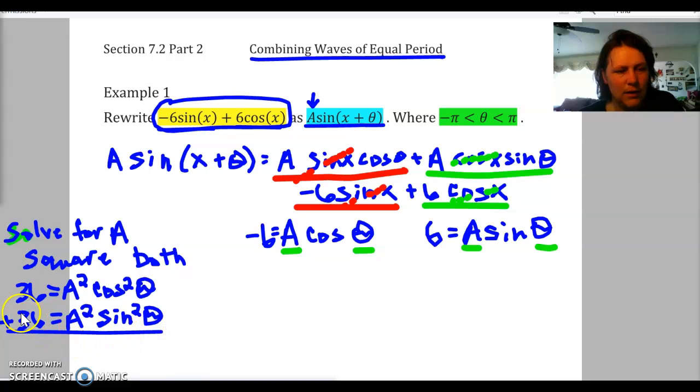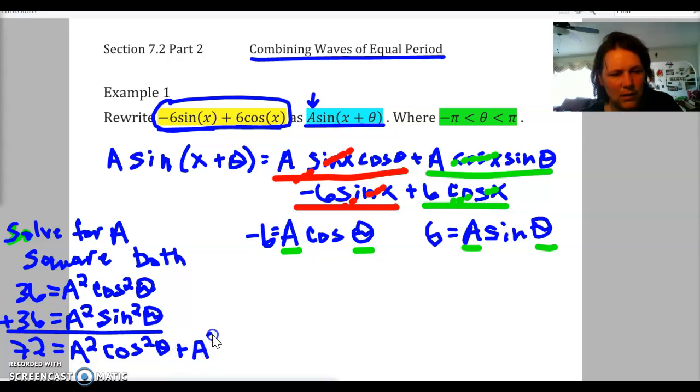When I add them together, I get 72 equals a squared cosine squared theta plus a squared sine squared theta.